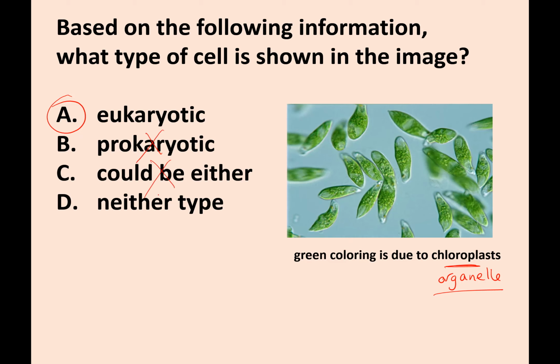So it can't be either, and it is eukaryote. This is my favorite little guy, Euglena. This is actually a protist. It has chlorophyll. What you can't see is it also has flagella that allow it to swim. They're really cool little guys.